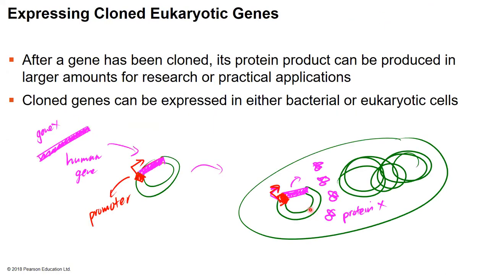Just like here, this is a bacterial expression system, which means we have a bacterial cell that can accept our recombinant plasmid carrying our gene, and the plasmid is carrying a promoter, and the promoter can express our gene.